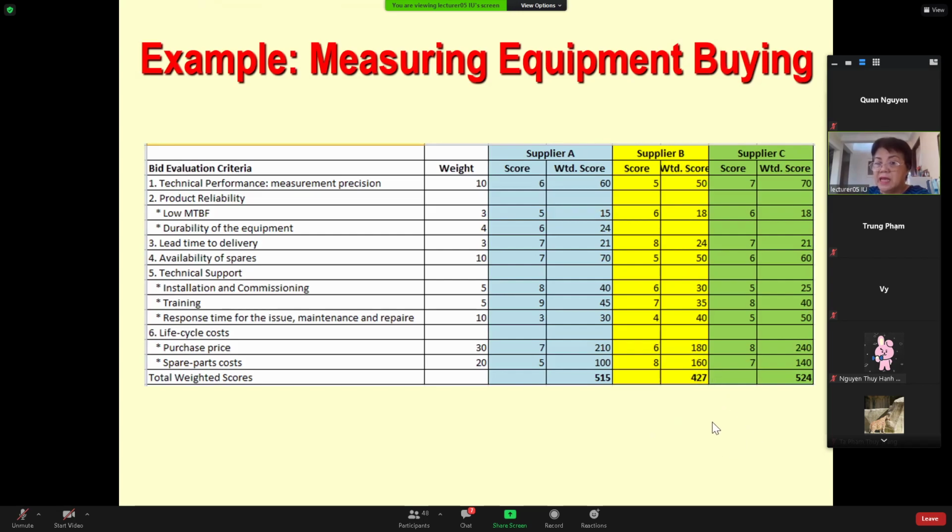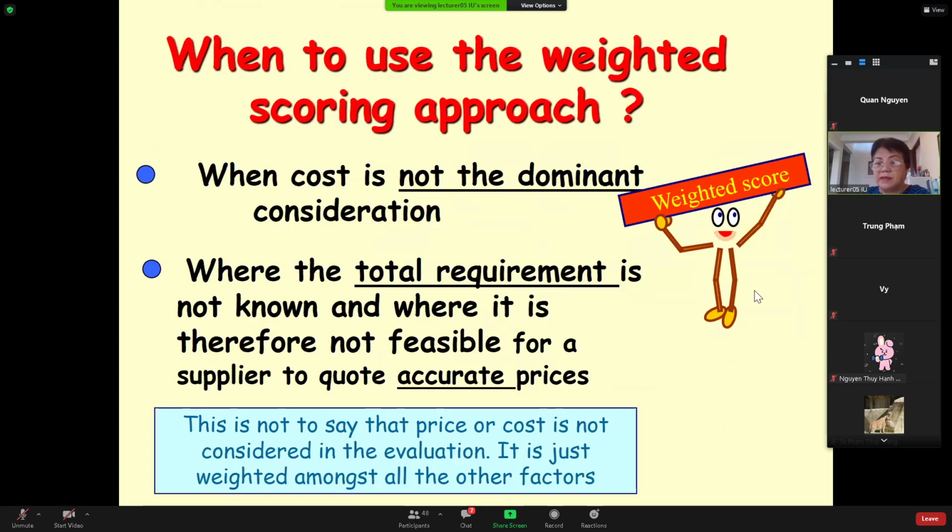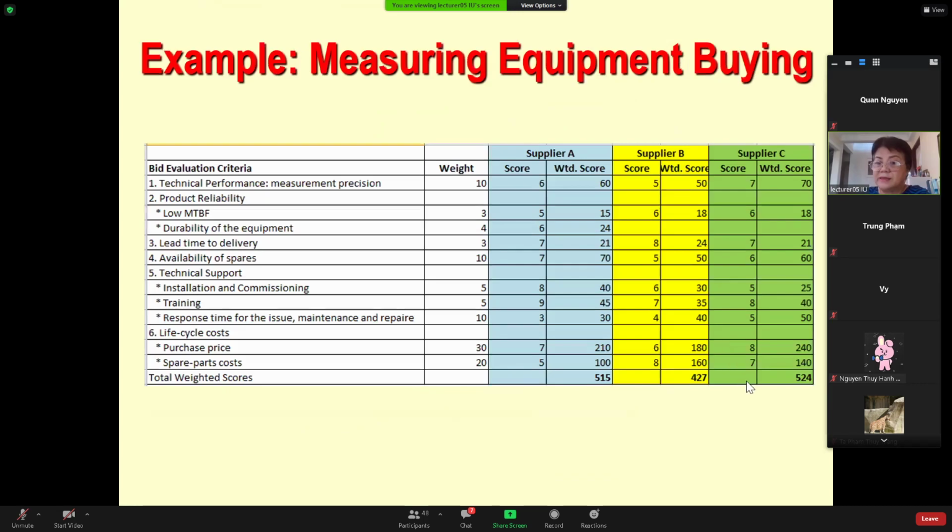In this case, you see the total scoring from supplier A, total scoring from supplier B, total scoring from supplier C, and you see the total weighted scoring, so you know who is the supplier that you will select.